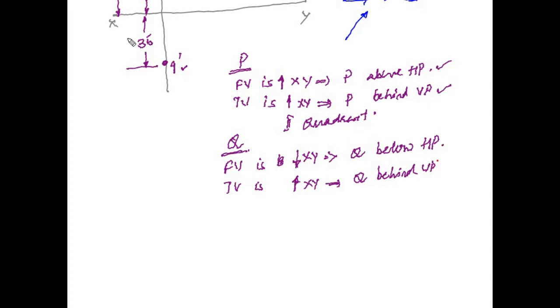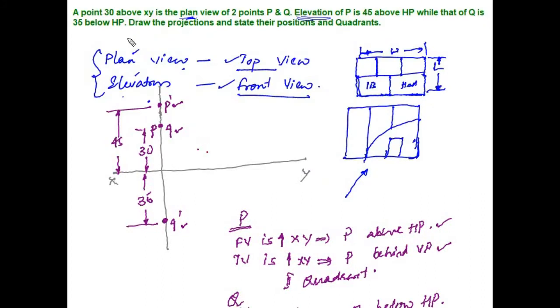You can go back and check, in the beginning of the session we have discussed. So if it is above XY, point Q is behind. So below HP and behind VP. This is your third quadrant. Understand?